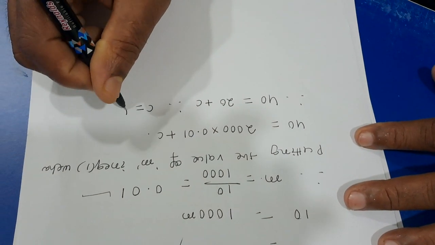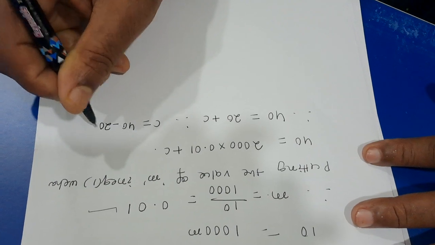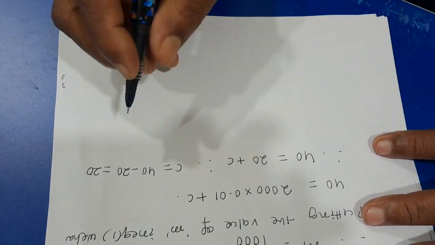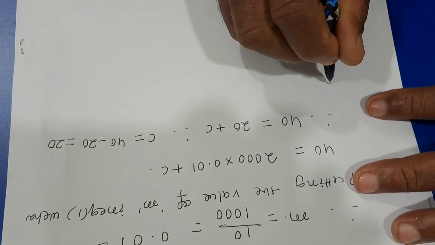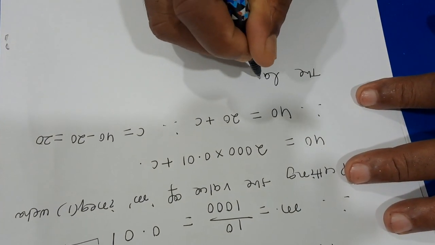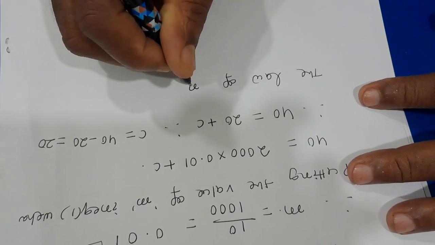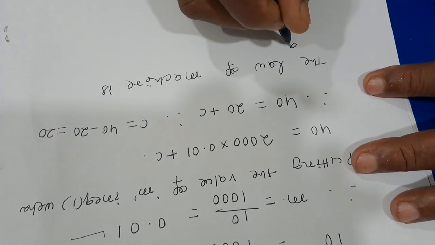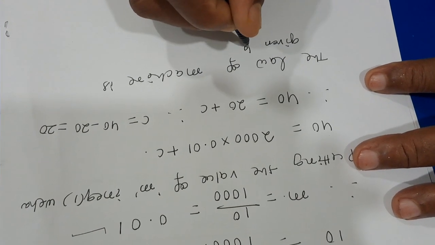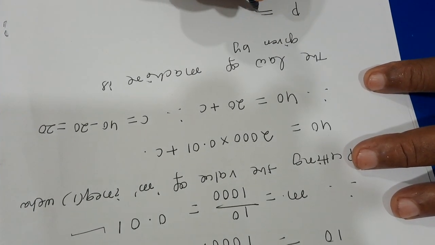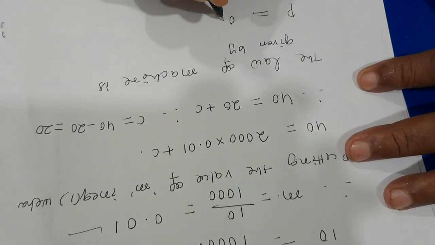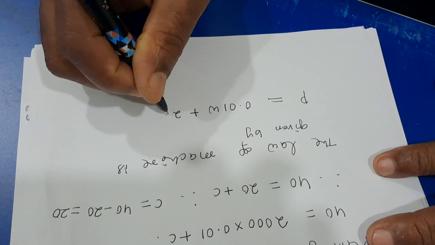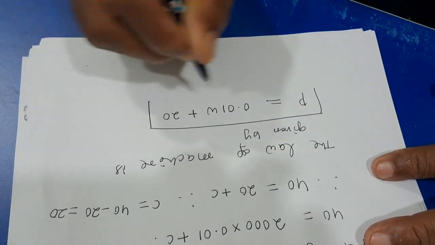Therefore c is equal to 40 minus 20 is equal to 20. Therefore the law of machine is given by P is equal to 0.01 W plus 20. This is the required answer.